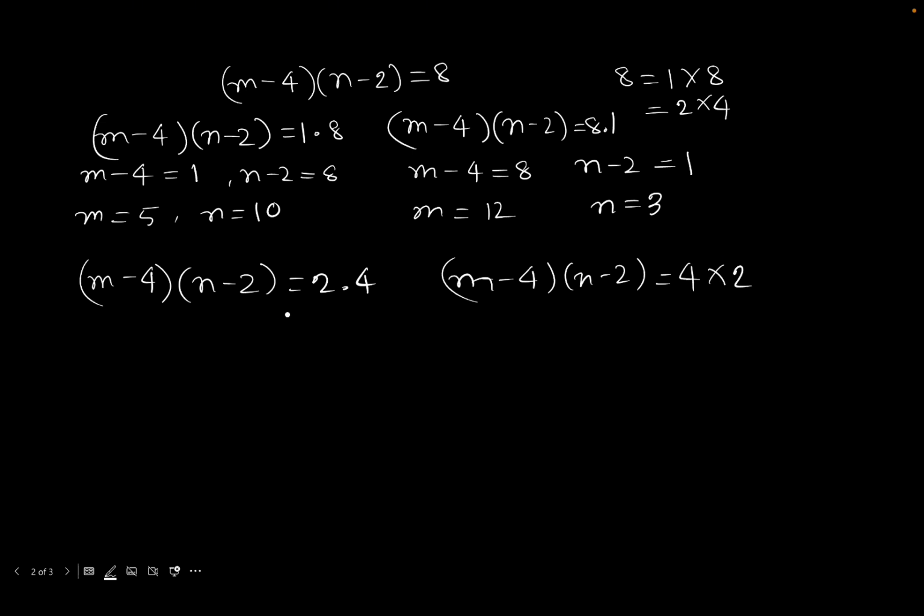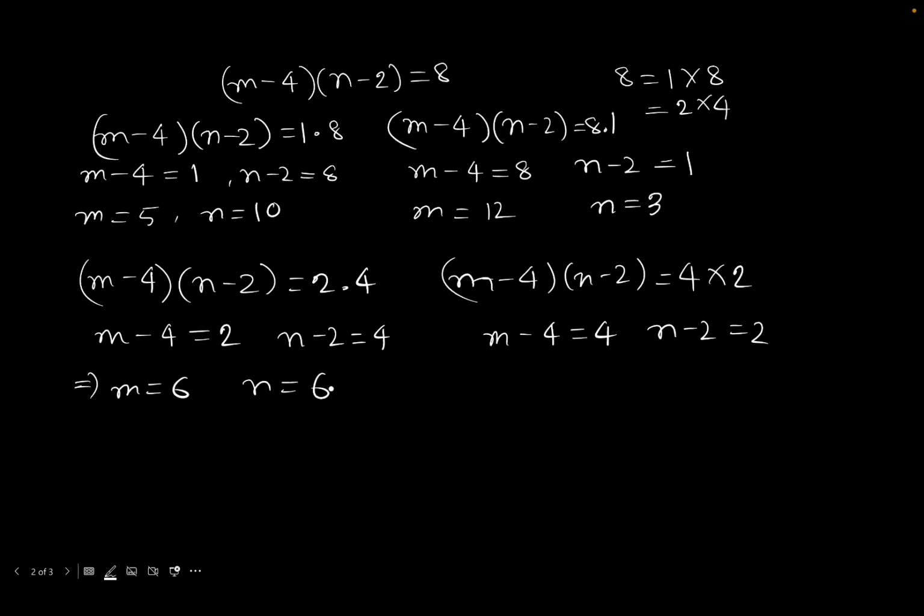Again, if we compare these values, we will get m - 4 = 2, n - 2 = 4, and here we will get m - 4 = 4, n - 2 = 2. So it will be m = 6, n = 6, then m = 8, n = 4.